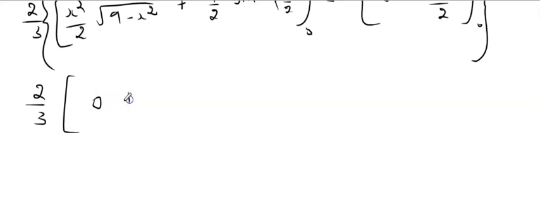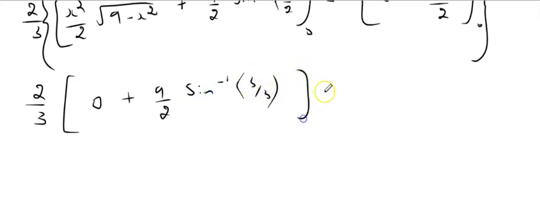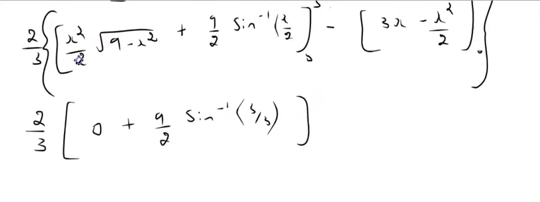Plus 9 by 2 into sine inverse of 3 by 3. And for the second one, it is now going to be minus, 3 into 3 is 9, 9 minus 3 squared by 2, again 9 by 2. Of course, the lower limit is 0, so we can ignore it.